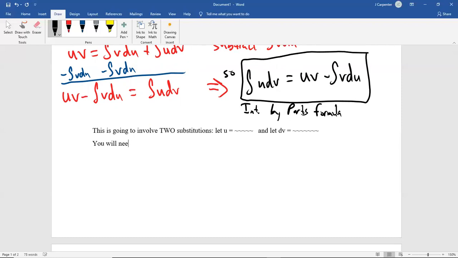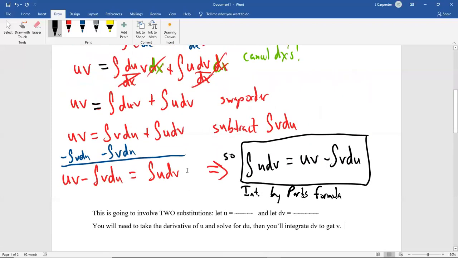You will need to take the derivative of u and solve it for du. Then you'll integrate dv to get v. This problem is all over the place. That's why I'm just going ahead and flat out putting the techniques up front before we start doing anything. And I think we'll get to one of these today.